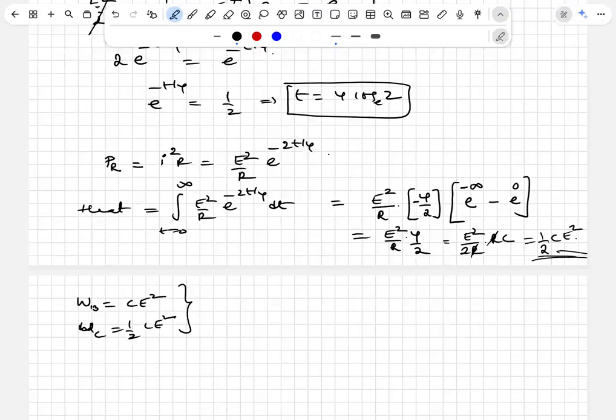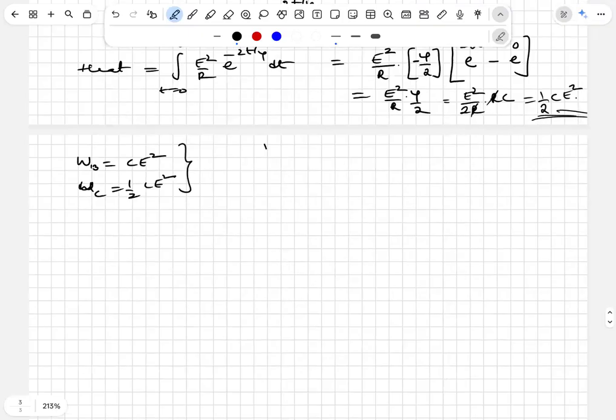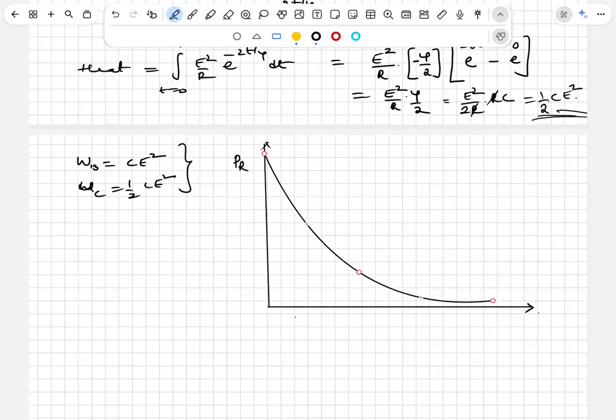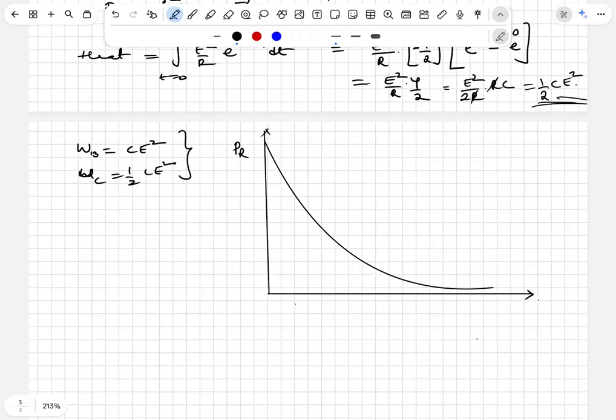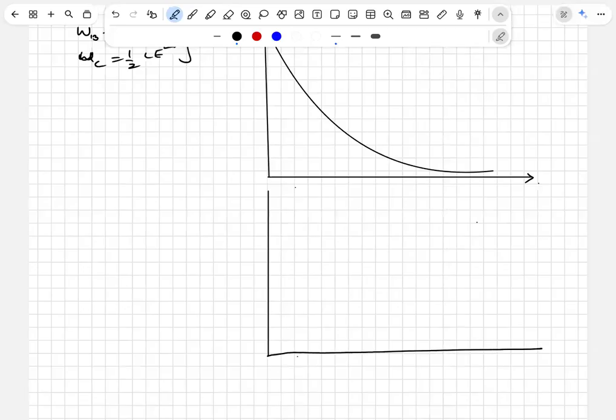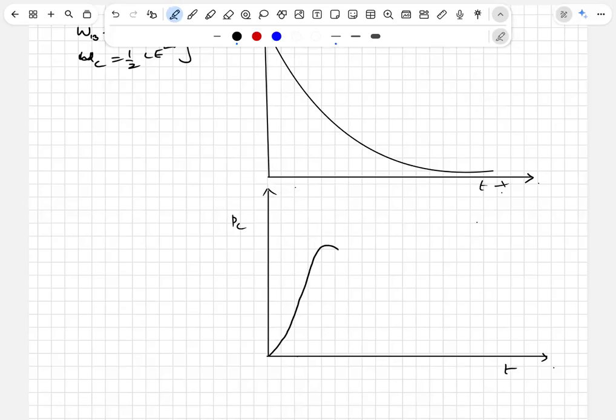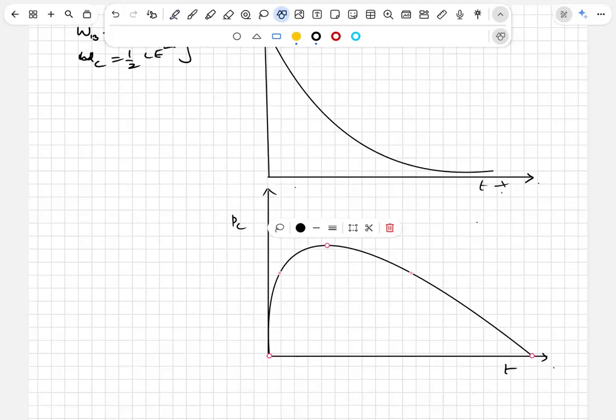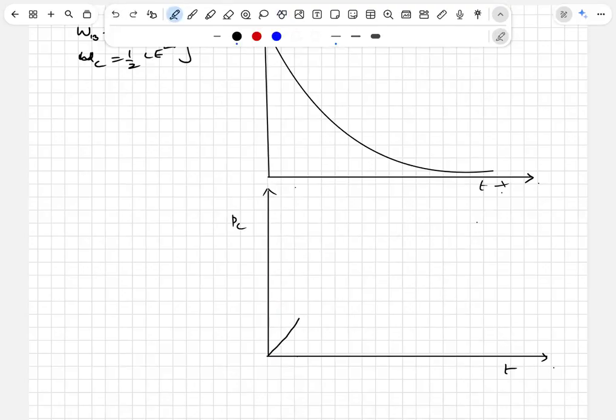PR graph is the same as like this, whereas the PC graph is something like this.